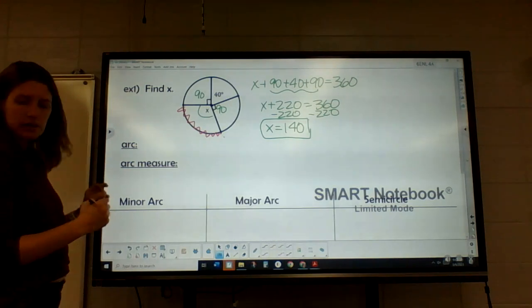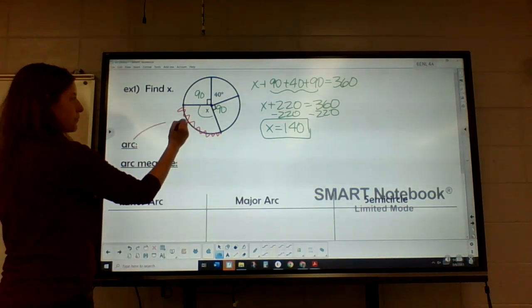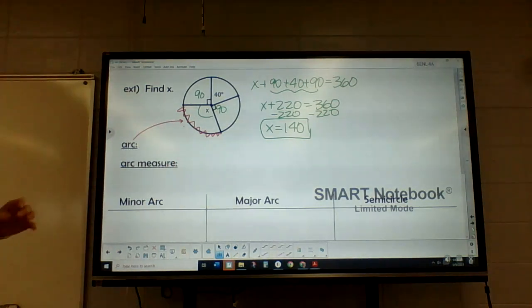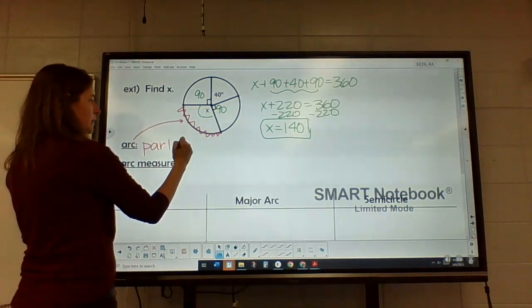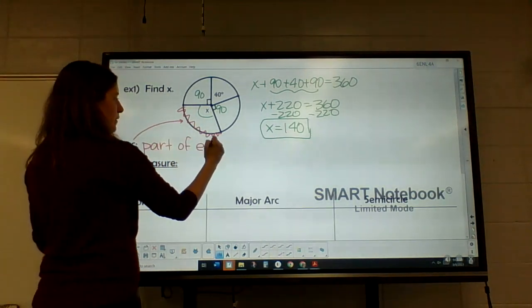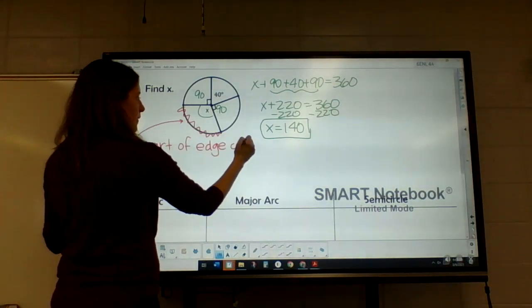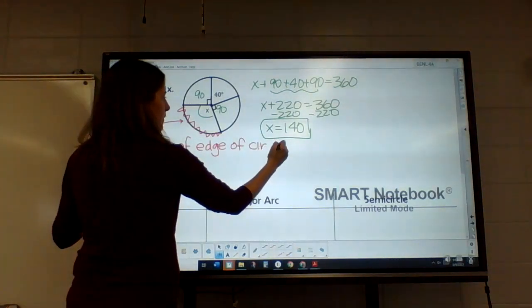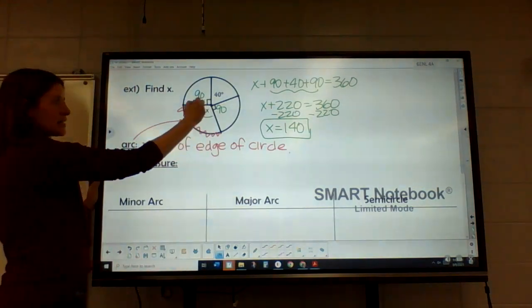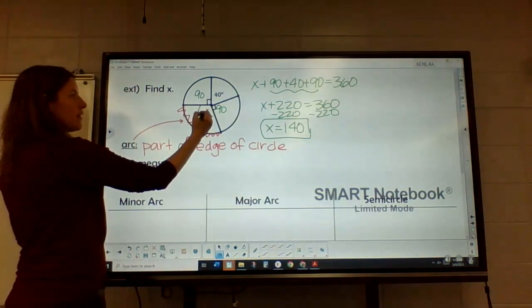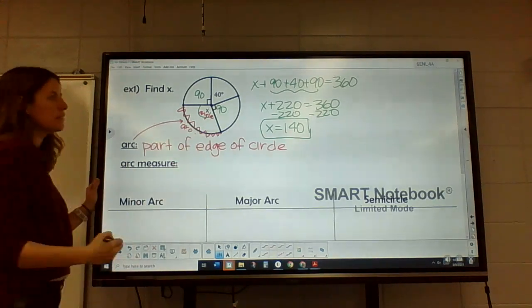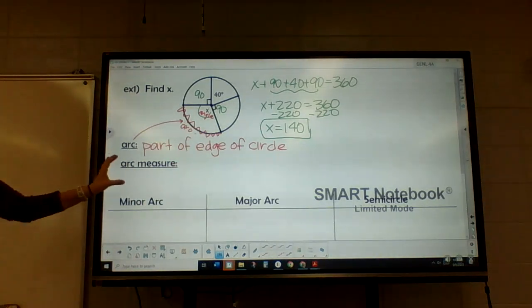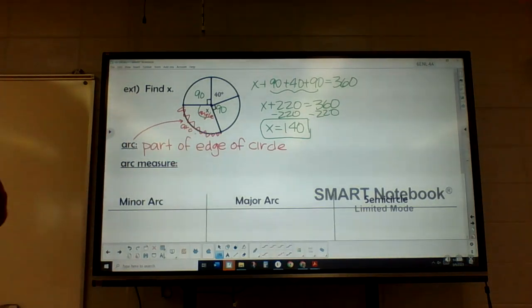So the arc is the part of the edge of the circle, whereas the angle is the inside. So here's the angle, and then this is called the arc. The angle is that inside part, the arc is the outside part.